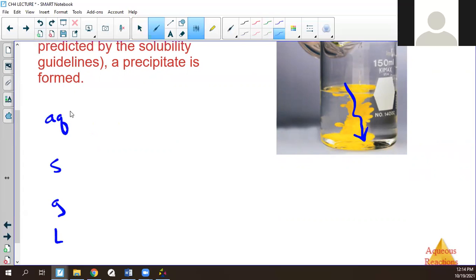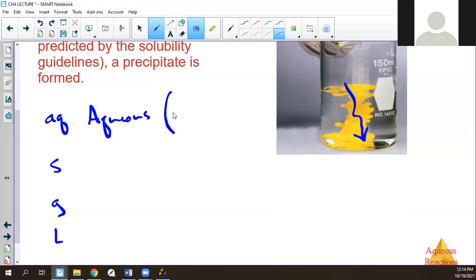From now on, when we write a reaction, we will indicate the state of matter. Now that's tricky. Aqueous isn't a state of matter, but in reactions, we just treat it like it is one. So AQ means it's aqueous.